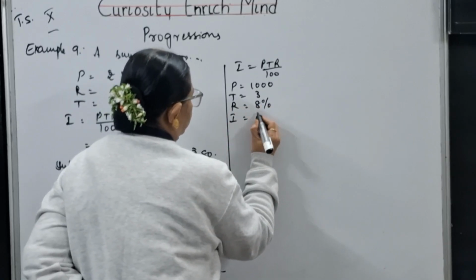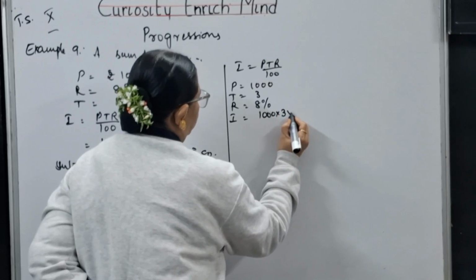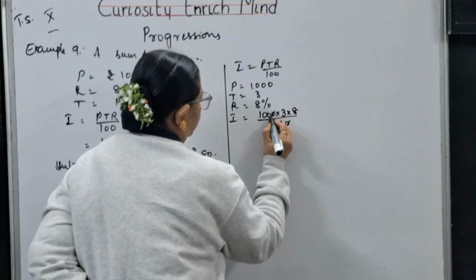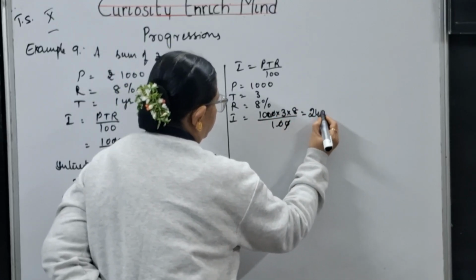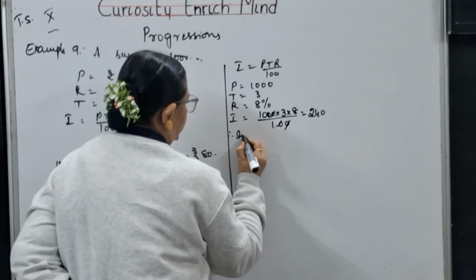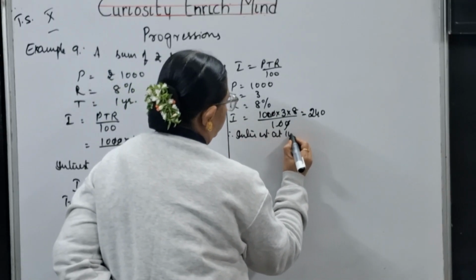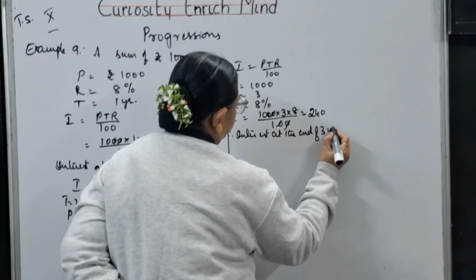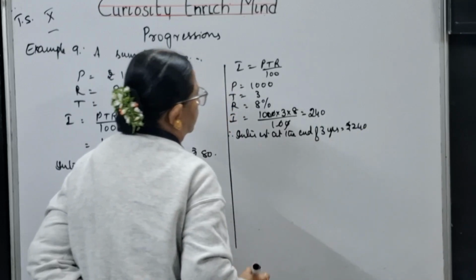So I is equal to 1000 into 3 into 8 by 100. So two zeros will get cancelled. 8 threes are 24, 240. Therefore, interest at the end of 3 years is equal to rupees 240.